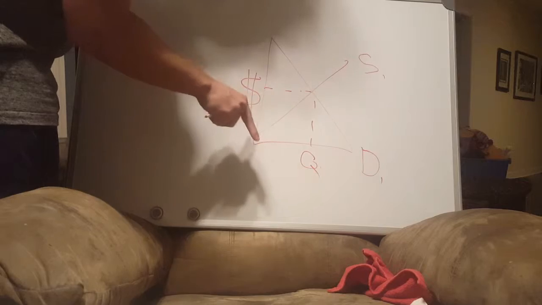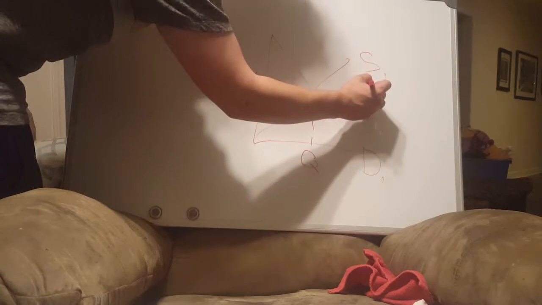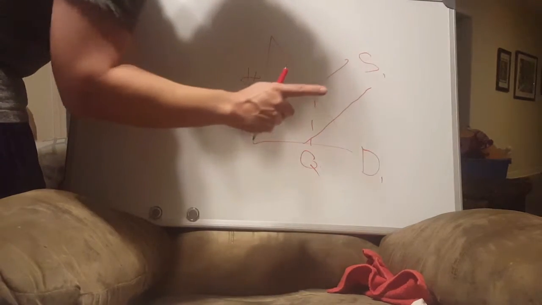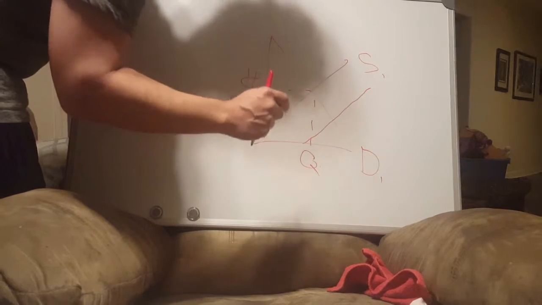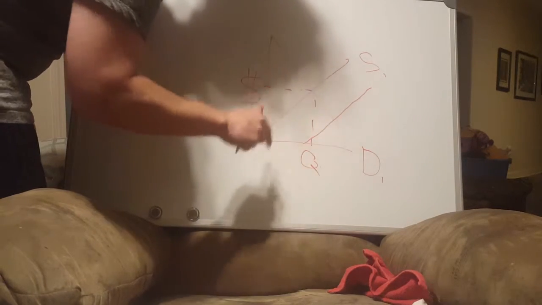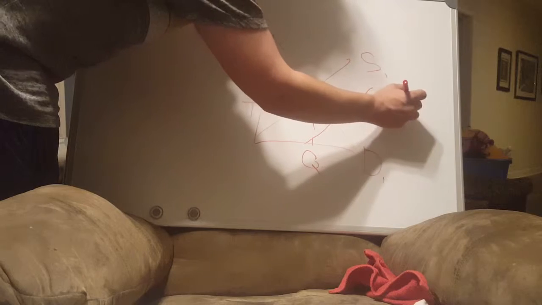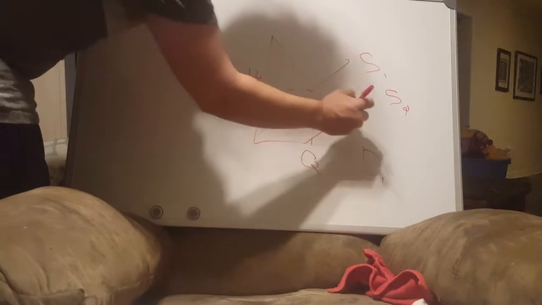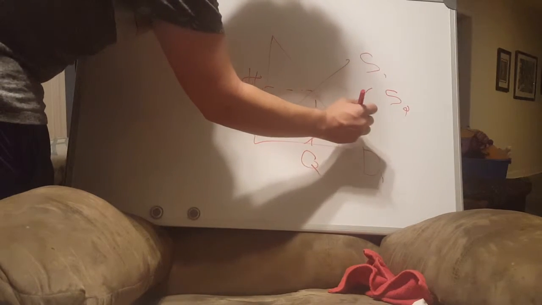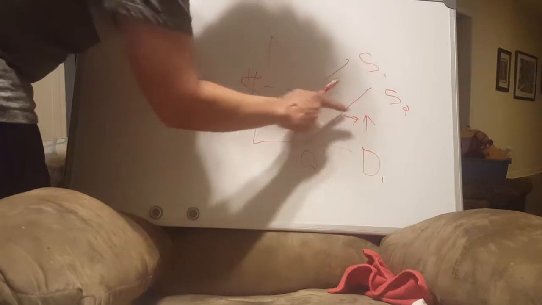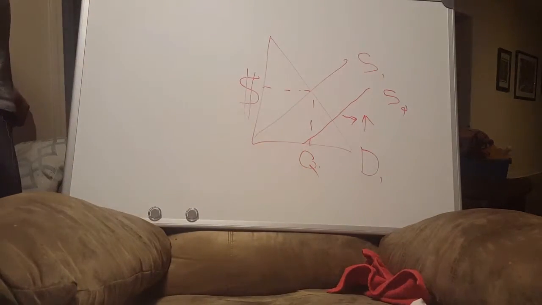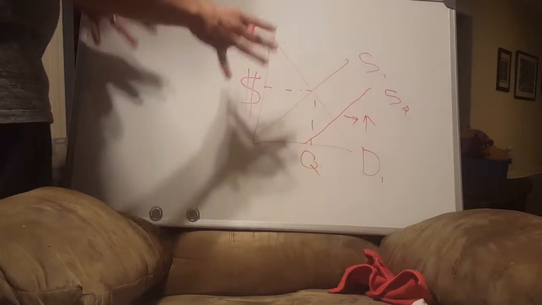Up is down. If supply increases, it goes out. Which is why it's important to remember the words in and out. You have your second supply that increased by going out. Okay? Looks weird, but just understand that little trick.